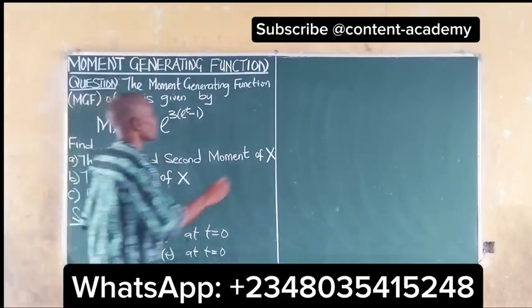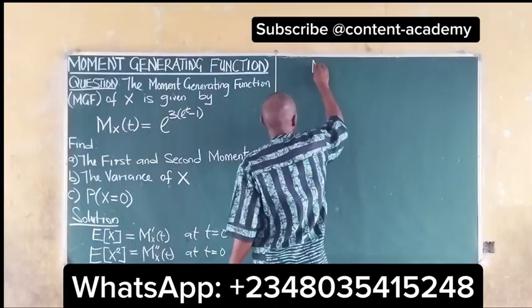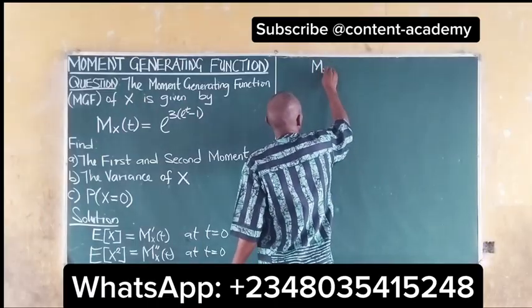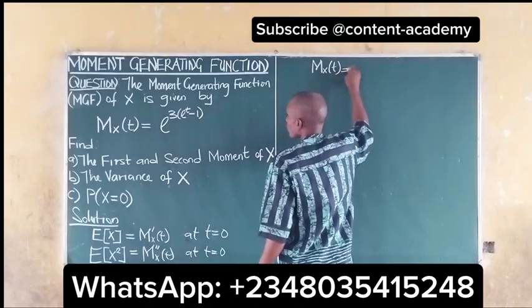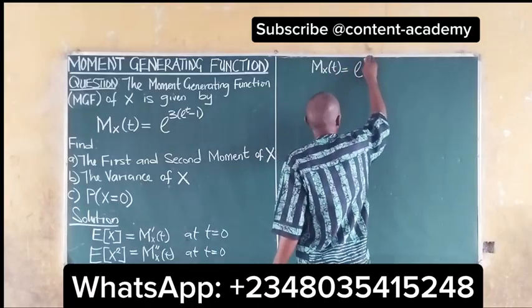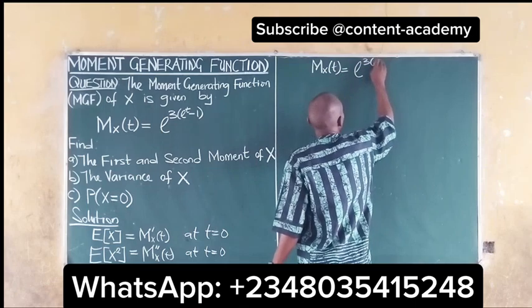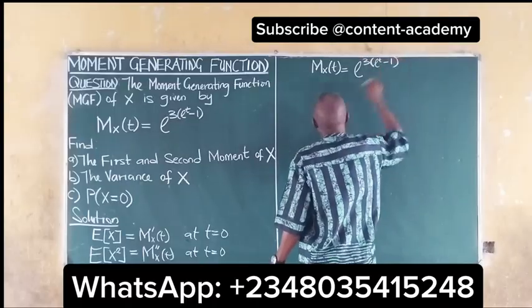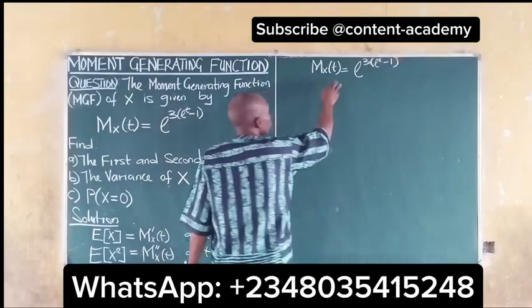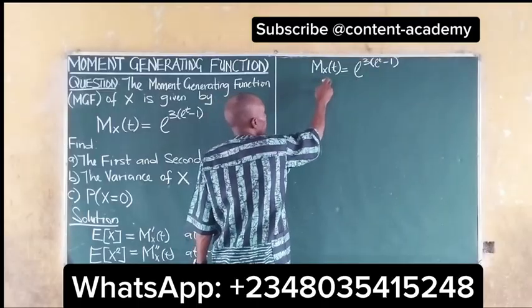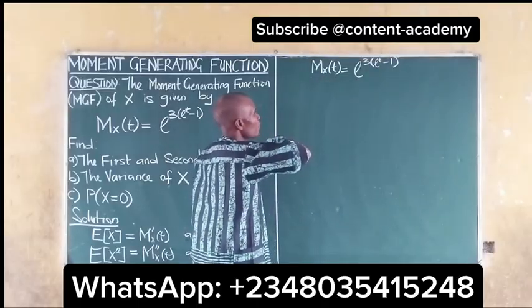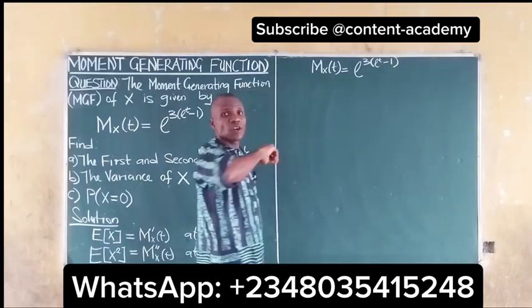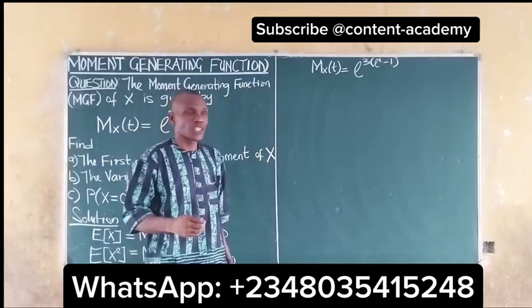So now, if we are given M_X(t) to be equal to exponential of 3(e^t minus 1), for me to find the first derivative, we employ the function of a function method of differentiation.